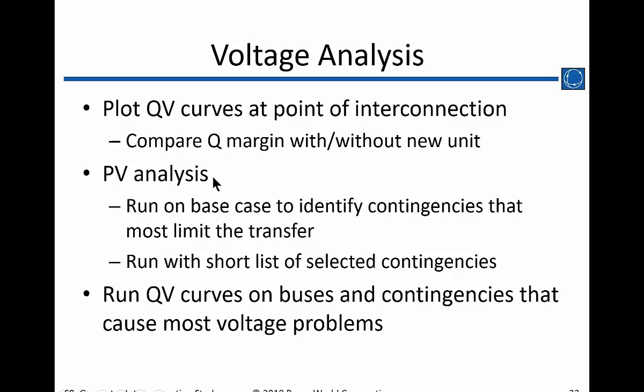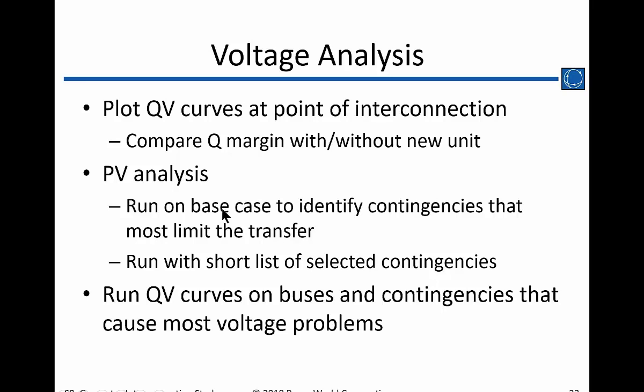So for PV analysis, if you have a huge list of contingencies, it can be rather time consuming to run through that. It's not like ATC where we can use linear methods to identify the most limiting contingencies and elements on the transfer.